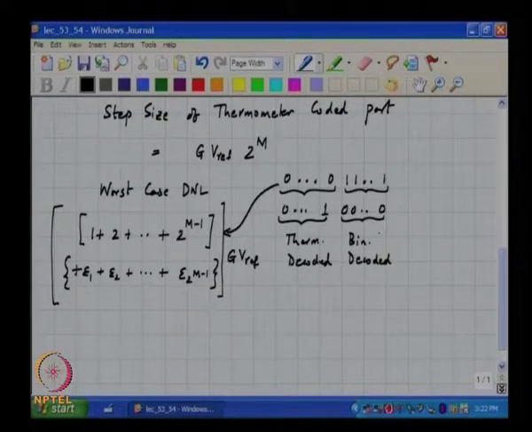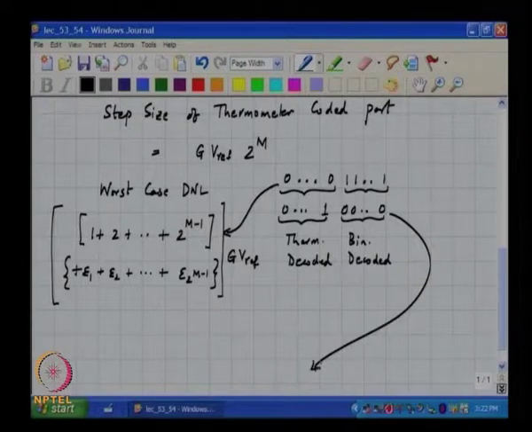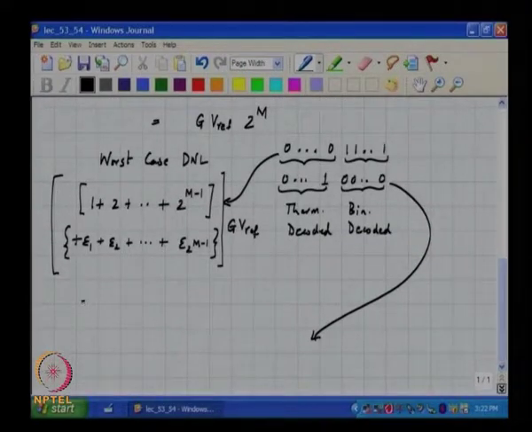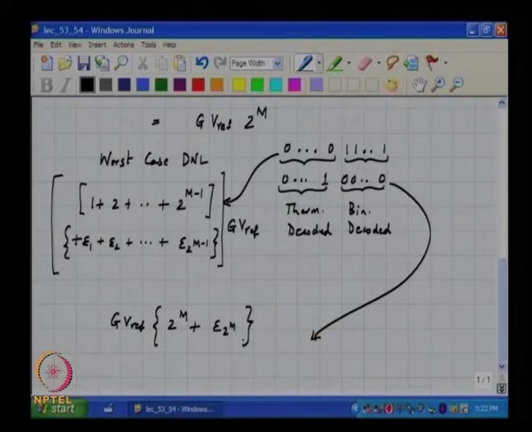All right. On the other hand, the analog output here should simply be G times Vref times 2 raised to the m plus E of the 2 raised to the m source.